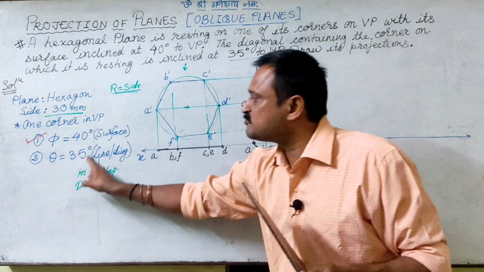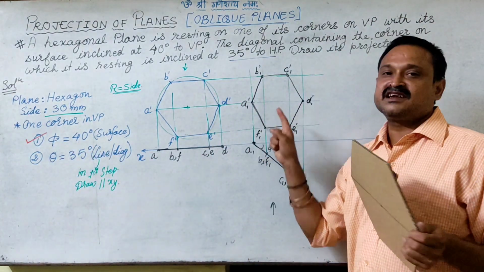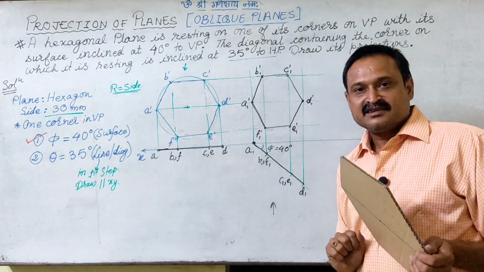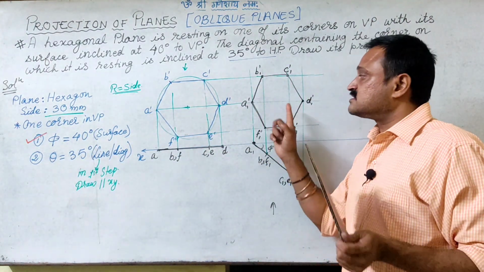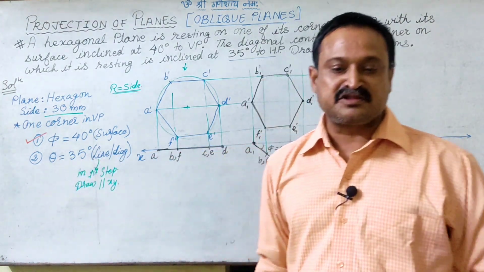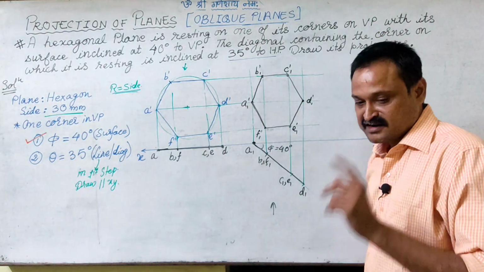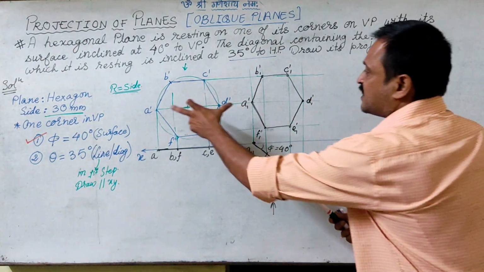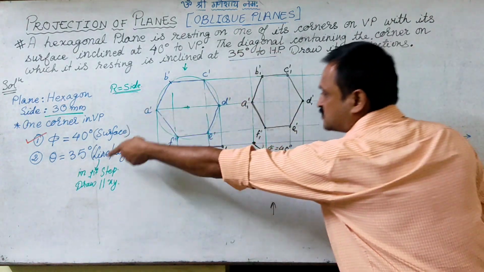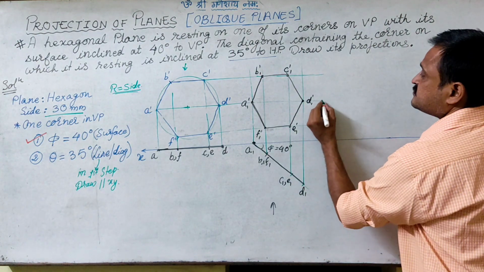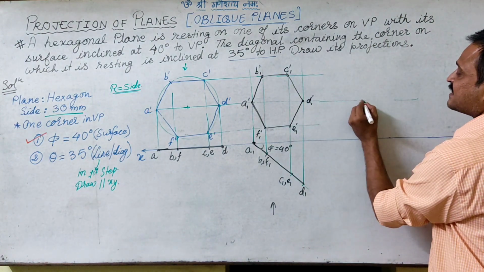And I cannot give a true inclination to a projected line, right? That means for this inclination of 35 degrees, I need to find out the projected inclination, right? And that we have studied in projection of lines. So if I know the true length, if I know the true inclination, I can very well find out the projected. So I just extend this line.